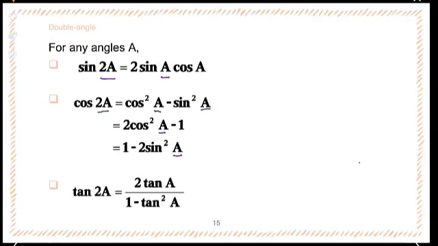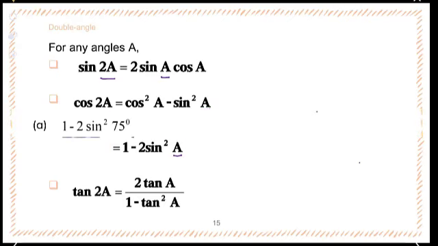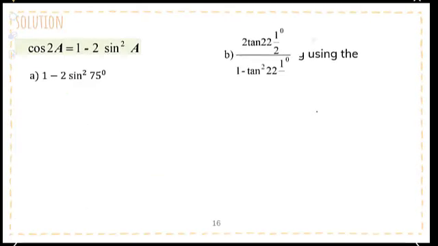If you look one by one, the expression that suits our example is 1 minus 2 sine square A. So among all these formulas, we will choose cos 2A equals 1 minus 2 sine square A.